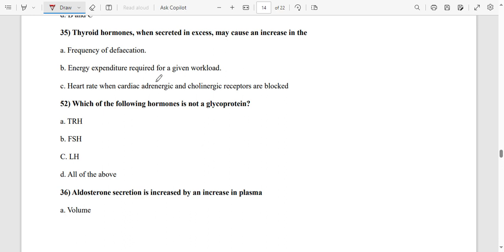Now, I didn't include one option here, option D. So I can't even answer it, because the correct answer I wrote was actually option D.